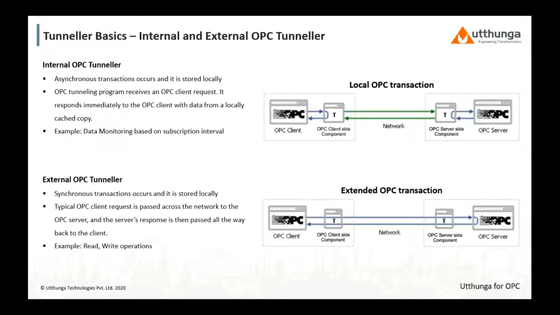So here the user may need to wait for the response to get back from the server. For example, read and write operations will occur as extended OPC transactions. So external OPC transactions are a little bit slower than the internal OPC Tunneller. Next slide, please.